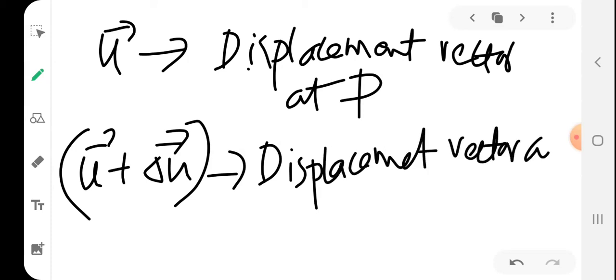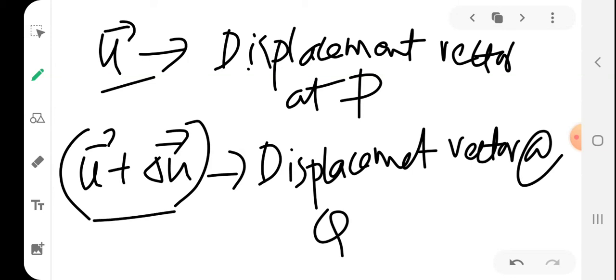So the u vector is the displacement vector at p, and q is another point which is very close to p, but slightly different. So we can take the displacement vector at q as u vector plus delta u.